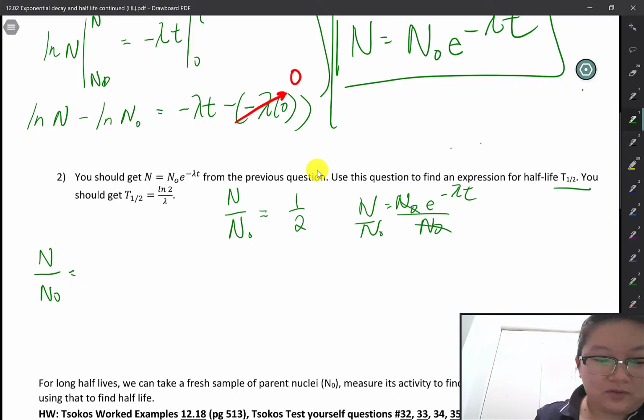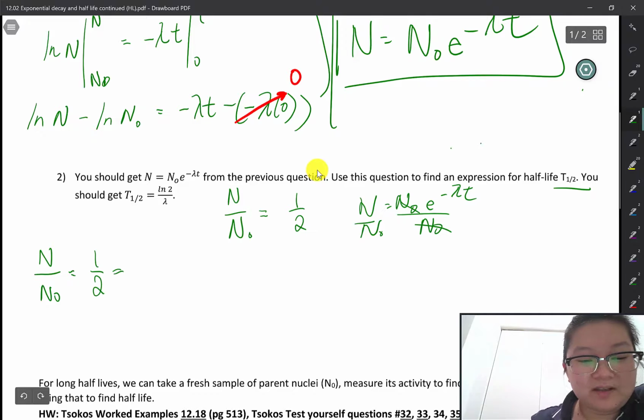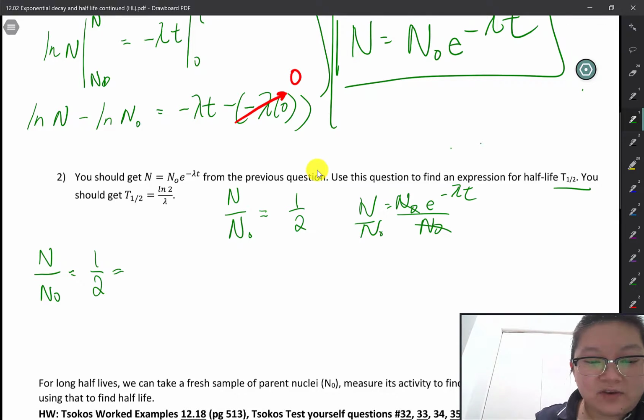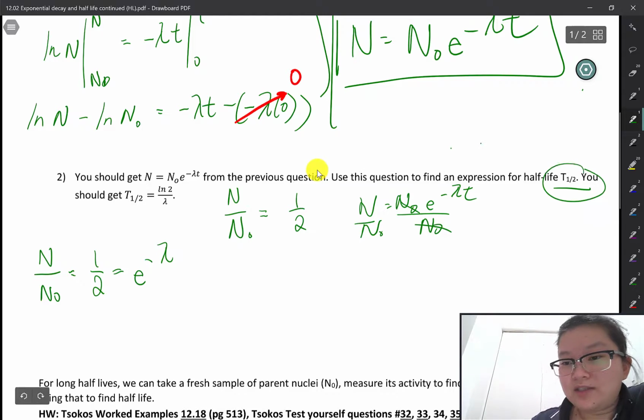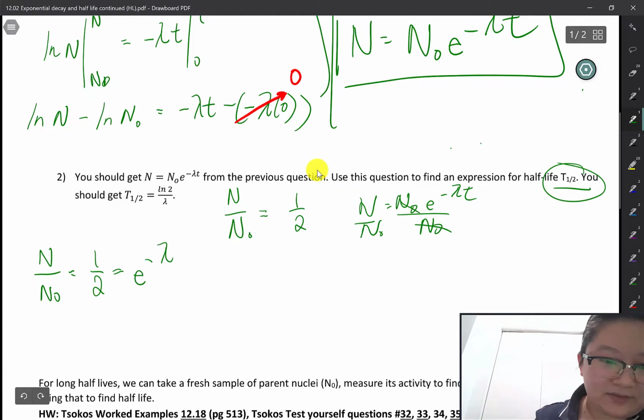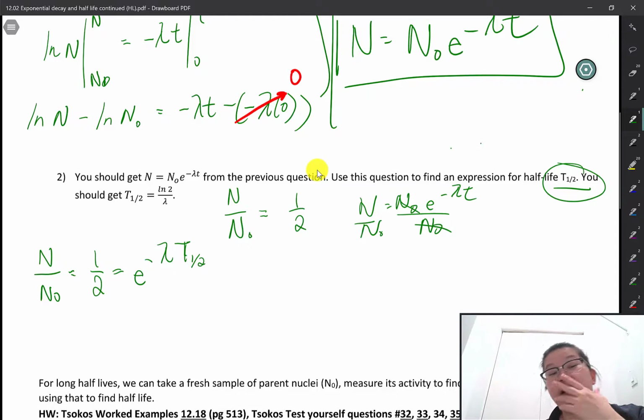This fraction is equal to e to the power of negative the decay constant and the time. We use t subscript half for the time of the half-life.